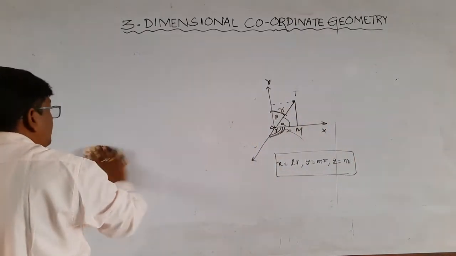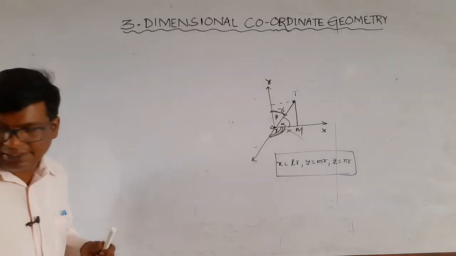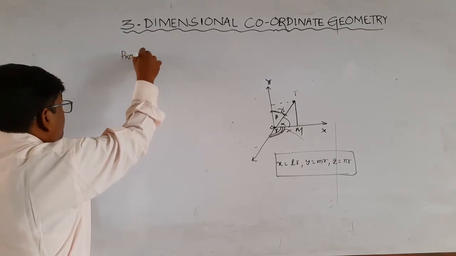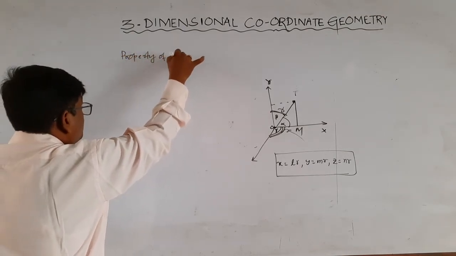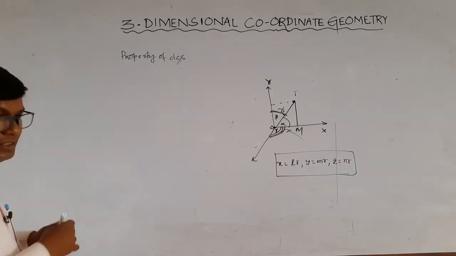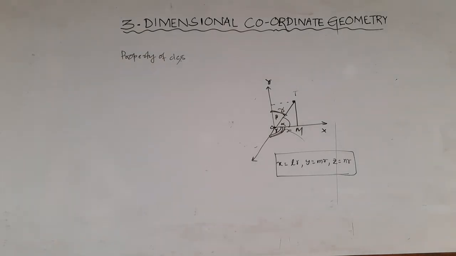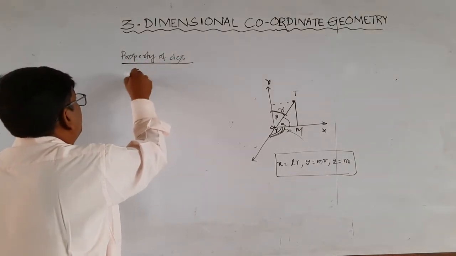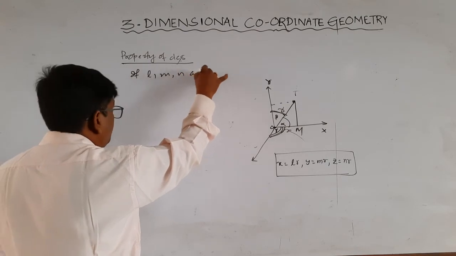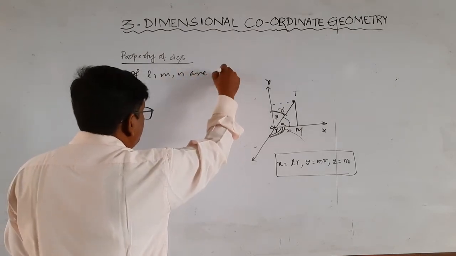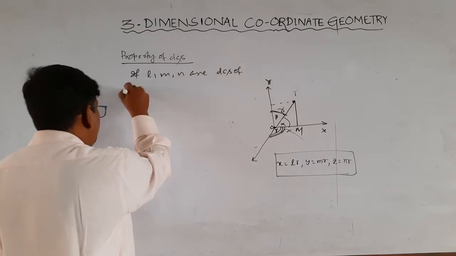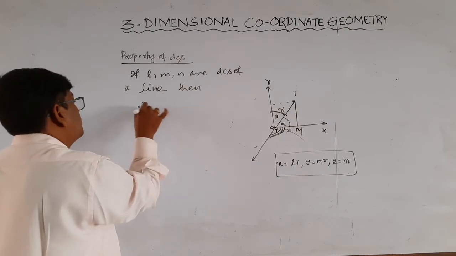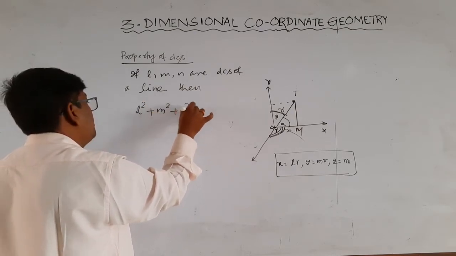Properties of DCS: if L, M, N are DCS of a line, then L square plus M square plus N square is equal to 1.